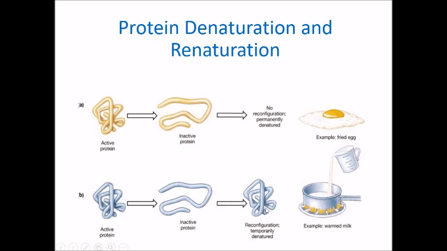However, the shape can go back to normal when you warm the milk. Therefore, the milk can become a liquid structure. This is the denatured form, but it can renature back to the solid structure when you put it in the fridge. Okay, so that's all for protein.